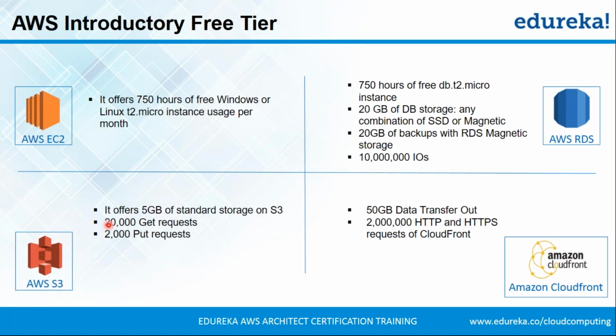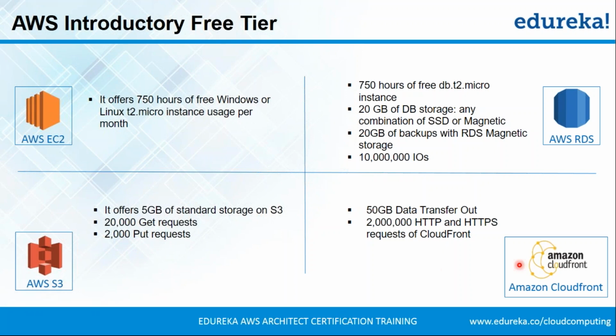So basically GET requests are those when you are accessing a file from S3, right? Maybe you're downloading a file from S3. So this downloading is one request and it's one GET request, right? So you can make 20,000 of those free, and also you can make 2,000 PUT requests, which are nothing but the uploading requests that you can make. So AWS S3 offers you 2,000 PUT requests as well.